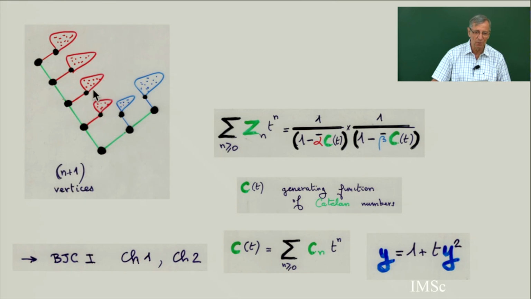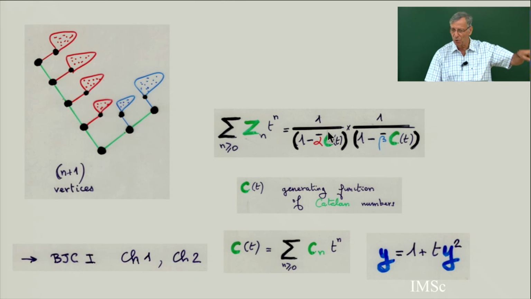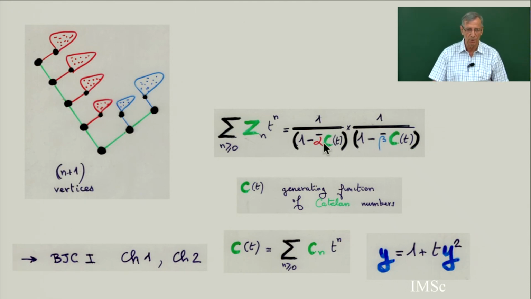And for the sequence of red trees, you have a shift by 1 here. It's going to be given by this: the sequence of objects is 1 over 1 minus u, where u is the generating function for the object itself. The generating function of the object is this. And these two sequences here, this product, are independent. You can put some red, some blue, and get the product.